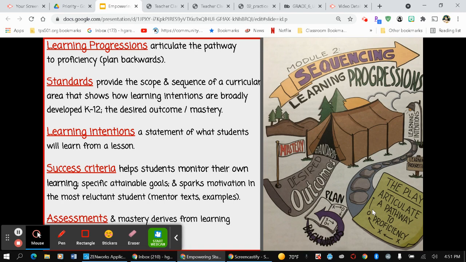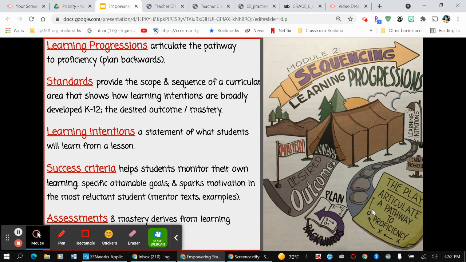And then success criteria help students monitor their own learning. They can now determine where they are at in that progression. And that helps them articulate what they're learning and how well they're learning it. And it helps them be able to know how to ask for help. It is empowering students as learners. This is pretty exciting stuff and impactful.